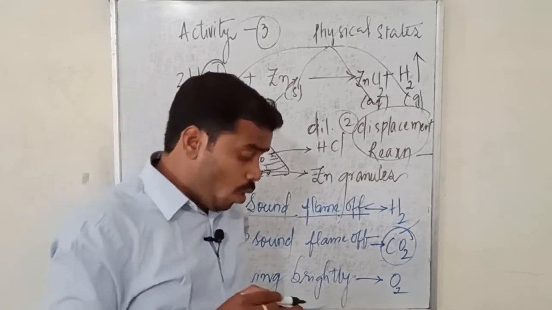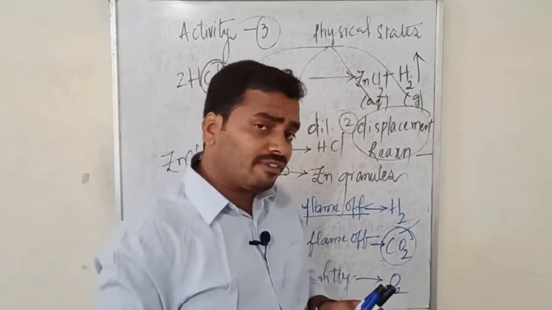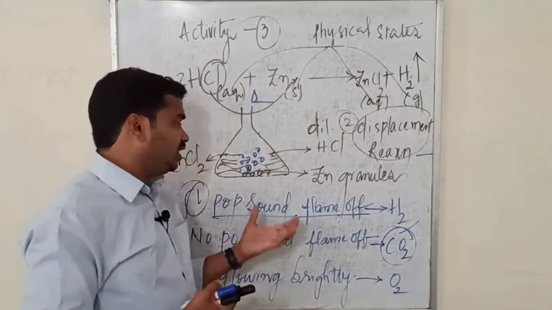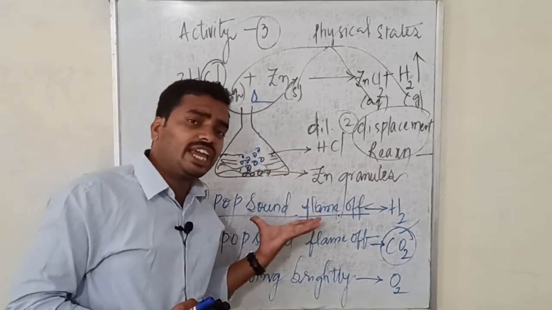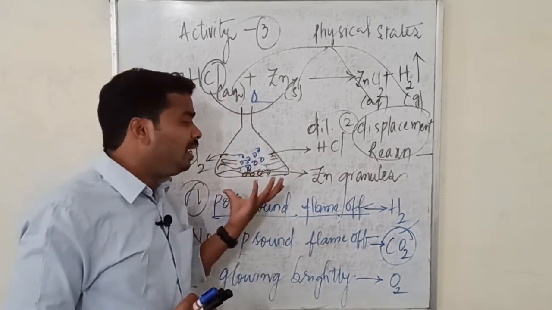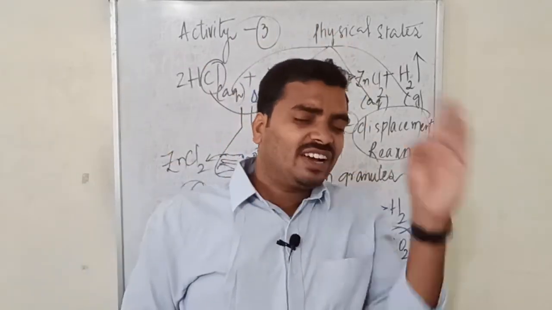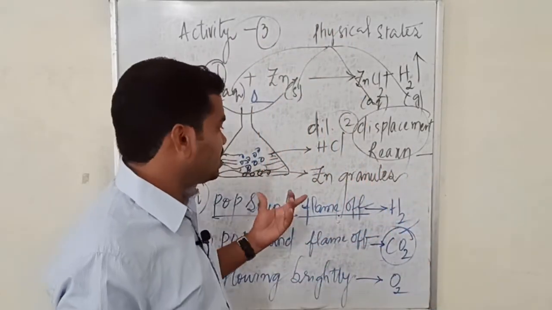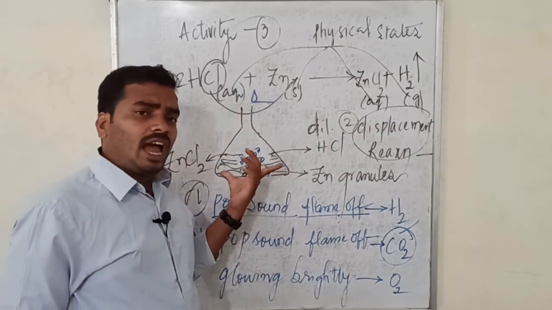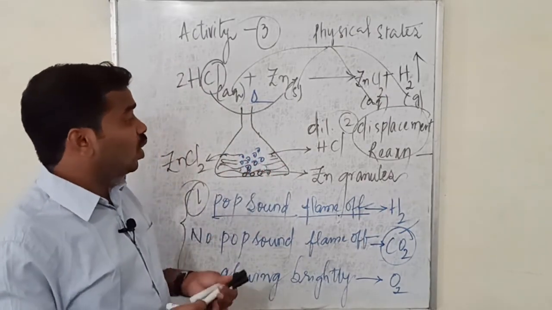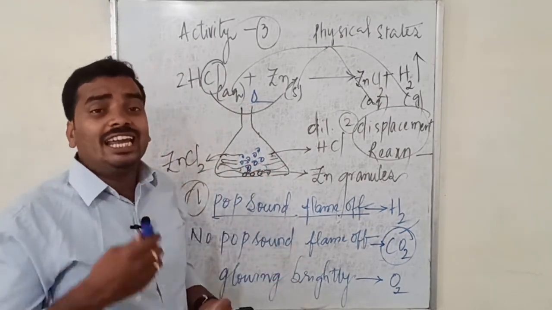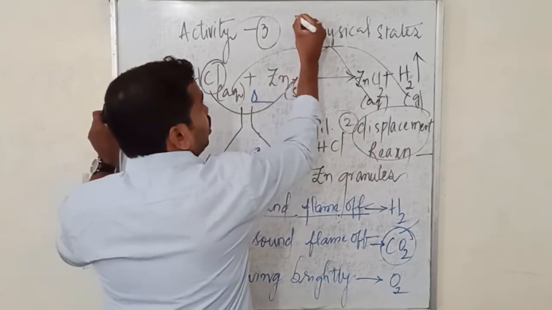and you have learned what are physical states. Now one more important thing, after performing this particular activity, after the reaction has taken place, if you touch the beaker, you will feel the hotness, same as in the first activity. You will feel the hotness in this particular activity even. So here also the reaction which is happening, it is nothing but exothermic reaction.